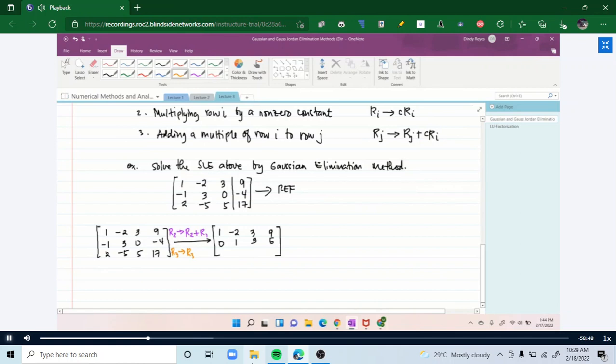Okay, now here for this particular entry, 5 minus 2 times 3, you get 5 minus 6, negative 1 also. And then you have for 17, minus 2 times 9. So that's 17 minus 18, you get negative 1 again. Okay.